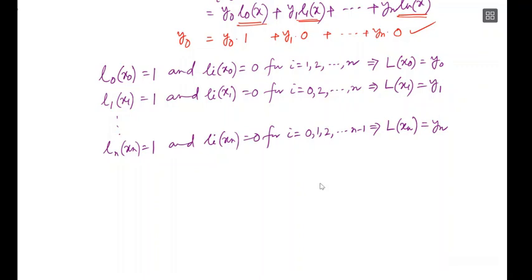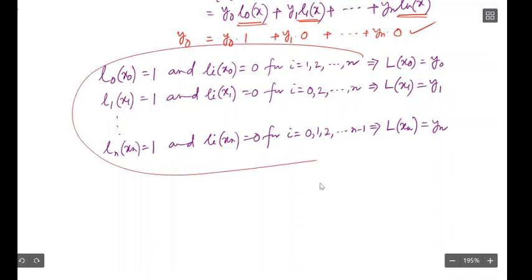That is, if we choose Li(x)'s in this manner, then our primary condition that the interpolating polynomial should be matching with the values y0, y1, yn at the points x0, x1, xn will be satisfied.